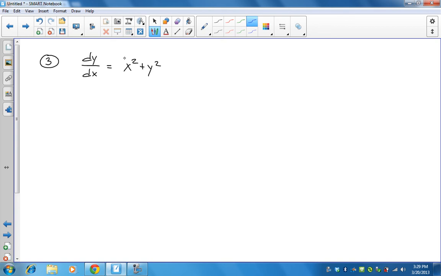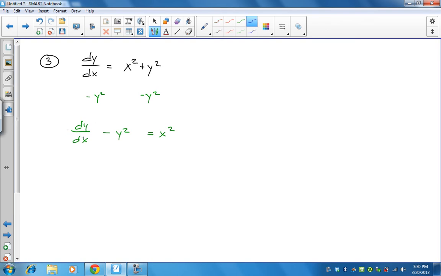I suppose I could subtract the y squared, but the problem is if I subtract the y squared from both sides, then I've got dy dx minus a y squared equals x squared. And when you want to separate, when you get ready to integrate, it has to be a function of y times dy and a function of x times dx.